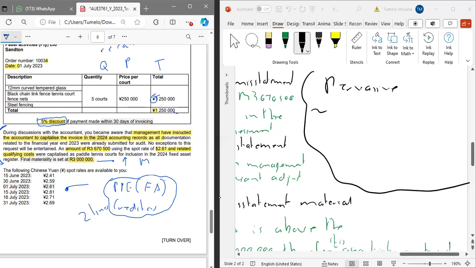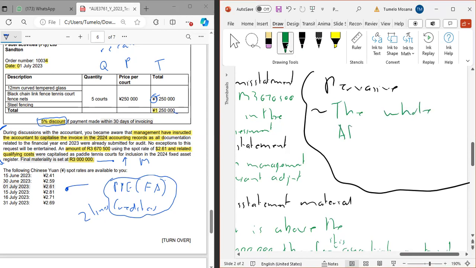And anything that is not material is not pervasive. So if the whole annual financial statements are impacted, then it is pervasive. Does it make sense now?